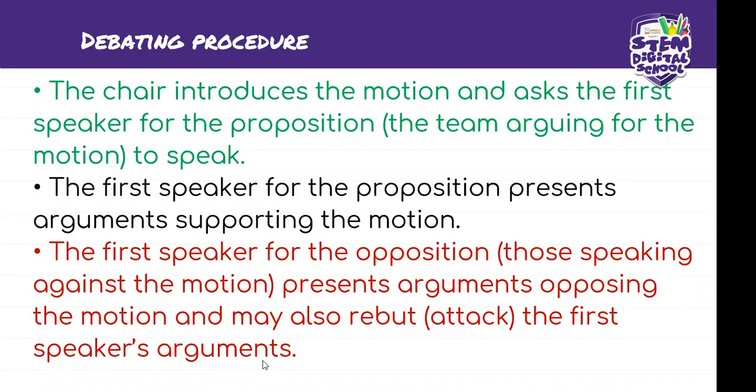So do you understand this so far? So it's like the member from the proposition side comes first, they speak. After that comes the first member from the opposition side who will speak and then attack or oppose the viewpoints of the first speaker from the other team.